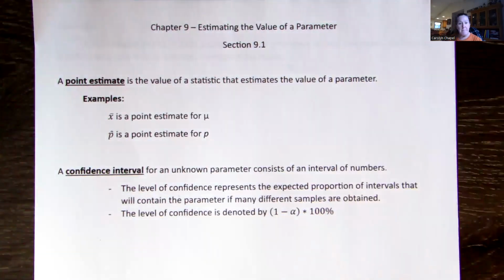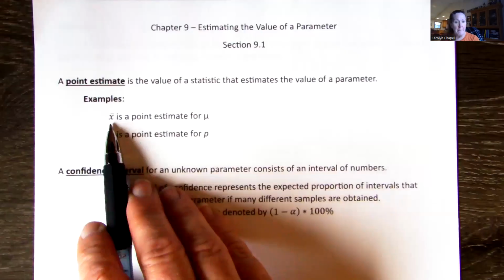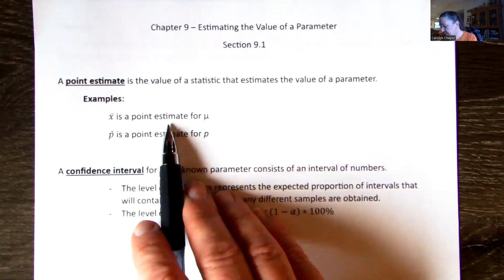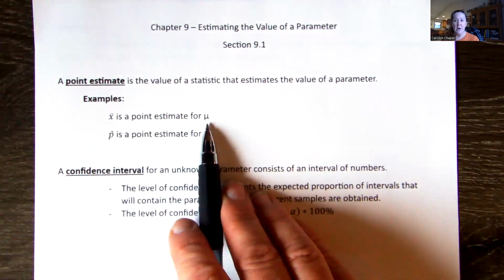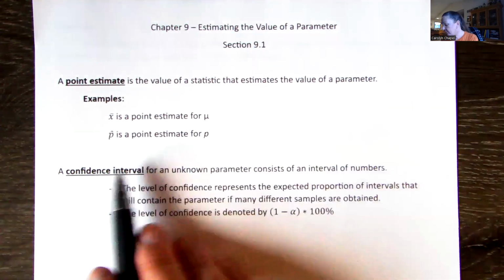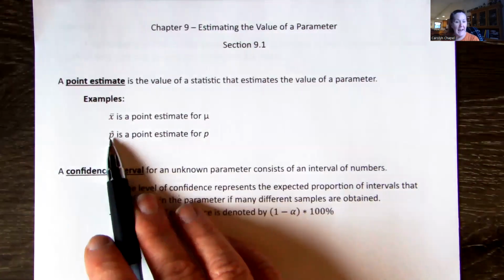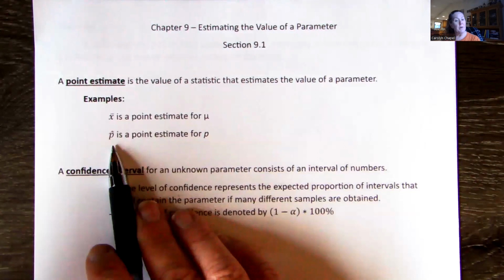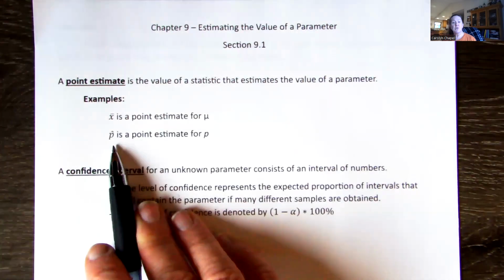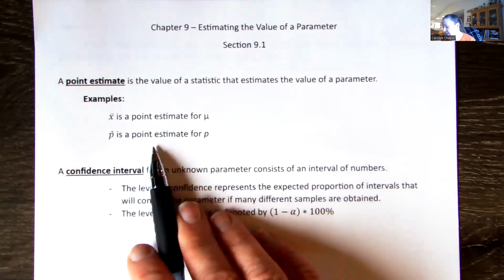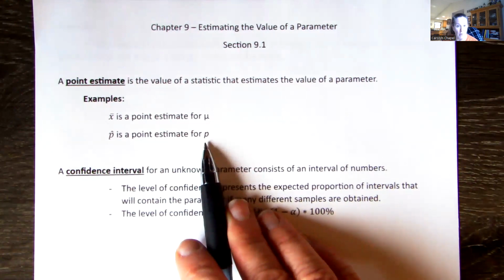Some examples that make sense to us is using X bar, which is our sample mean, as the point estimate for mu, which is our population mean. We could also use P hat, which is our sample proportion, to be a point estimate for our population proportion.